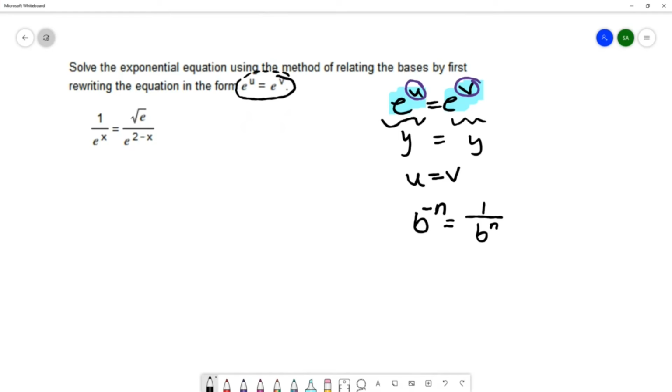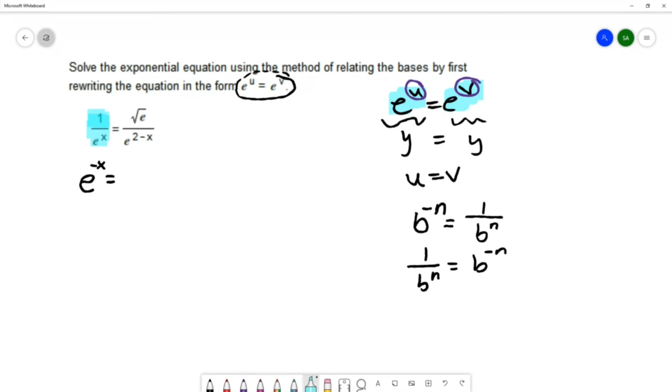And also, if you have 1 over b to the n, you can bring that factor of b to the n to the numerator by putting a negative in the exponent. So that's what we're going to do with the left-hand side of this equation. So for 1 over e to the x, we'll write that as e to the negative x using the properties of negative exponents.